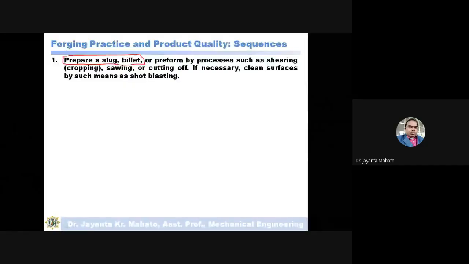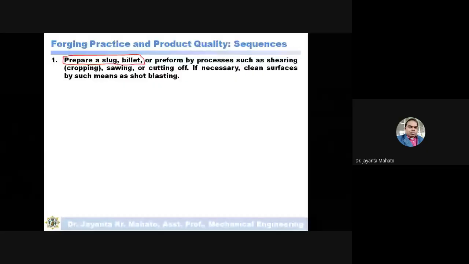If it is necessary to do cutting or shearing, then you can do it before the forging operation. Okay, if necessary, clean the surface by means such as shot blasting.